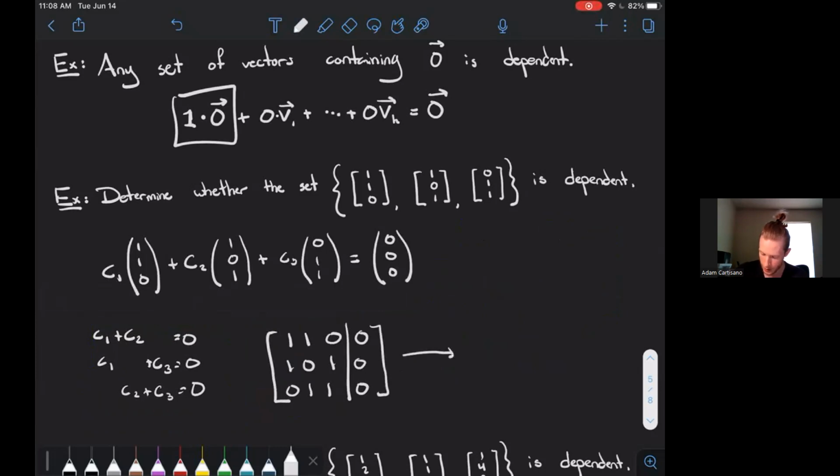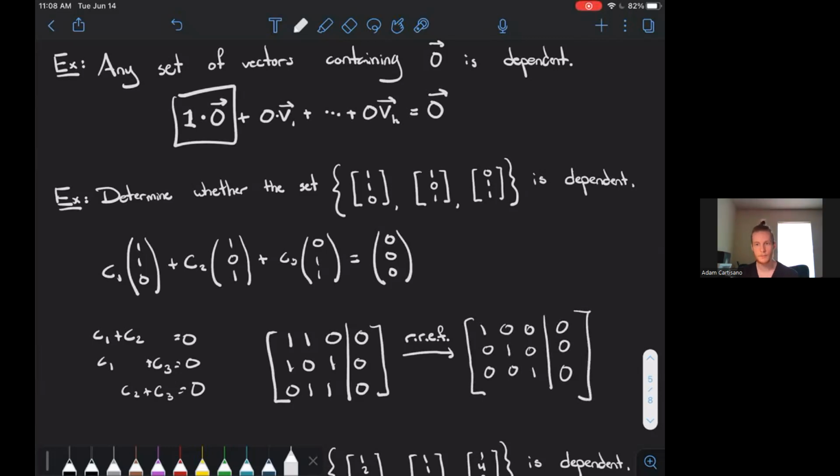When you row reduce this guy, it's not so bad. You just add the rows together. I guess subtract a little bit. When you put it in reduced row echelon form, the augmented system is this: 1, 0, 0, 0, 1, 0, 0, 0, 1, 0, 0, 0.